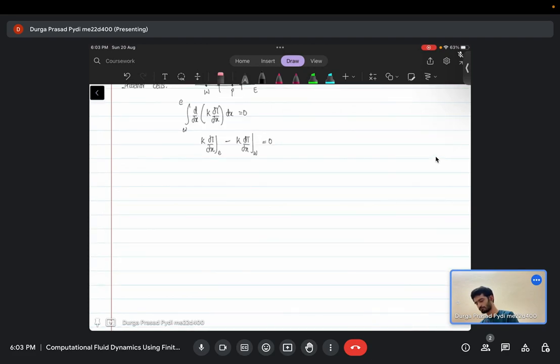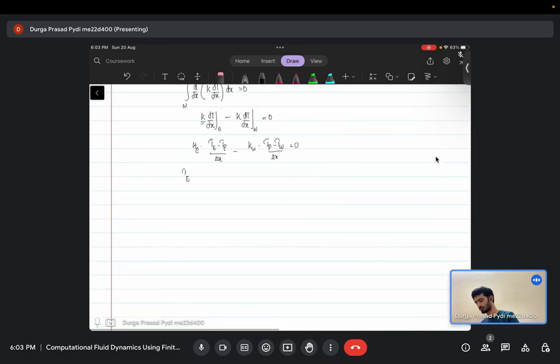The k on the east face is ke times (TE minus TP) by delta x, and similarly on the west face I write kw times (TP minus TW) by delta x. If I group the terms together, for the east coefficient I have ke, for the west I have kw, and TP times (ke plus kw).